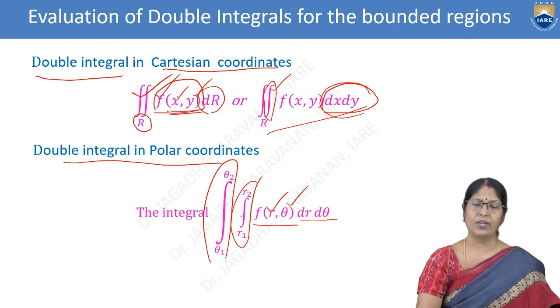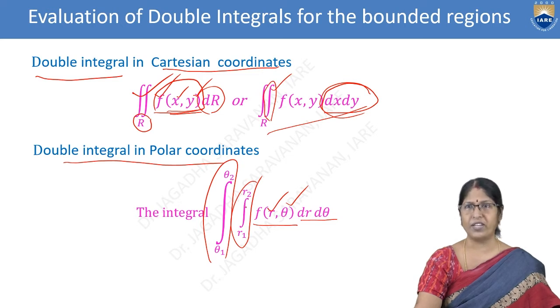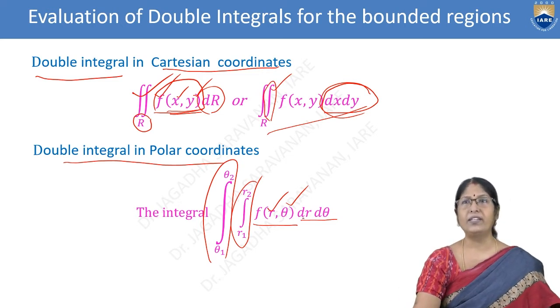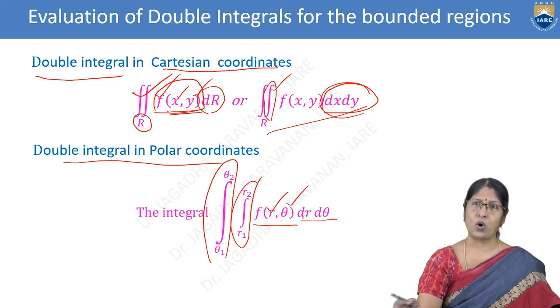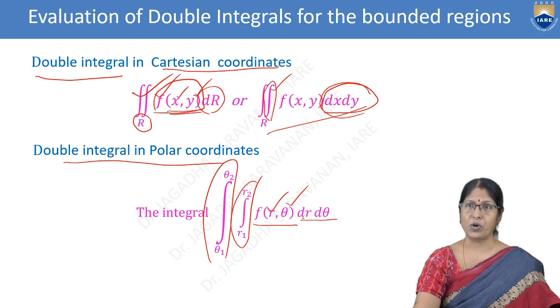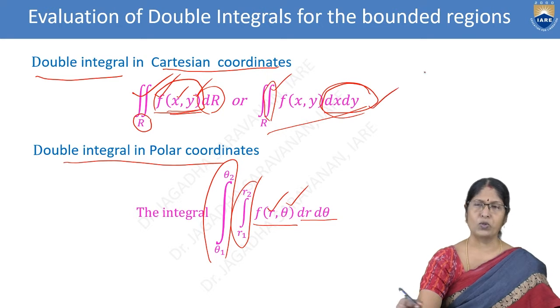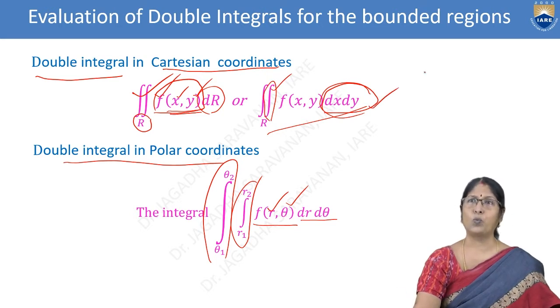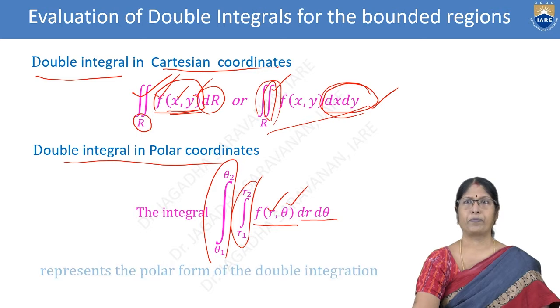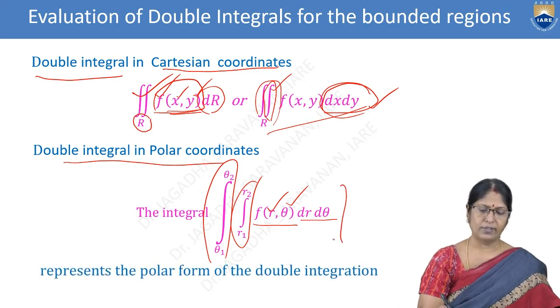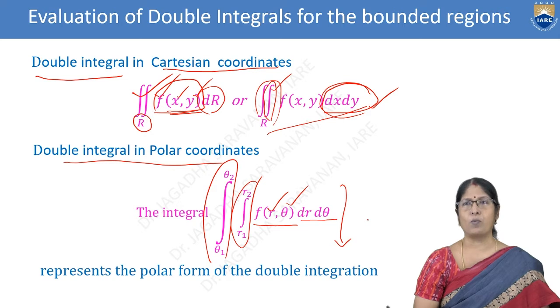Similarly here also, if the interior one is defined for theta, then we will do d theta dr. So according to the limits, we have to decide whether to integrate with respect to r first or theta first. Here also, with respect to x first or y first, we have to take the decision depending on the limits' priority. So this is nothing but the polar form of the double integration.